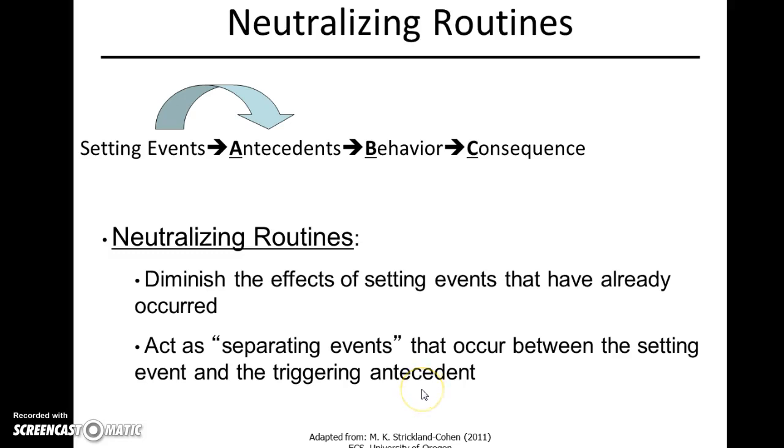With the medication, they were able to take away that setting event altogether, eliminating it by having him take the medication at school. So that setting event is eliminated. With neutralizing routines, we're going to add something in between that will neutralize what happened with the setting event.